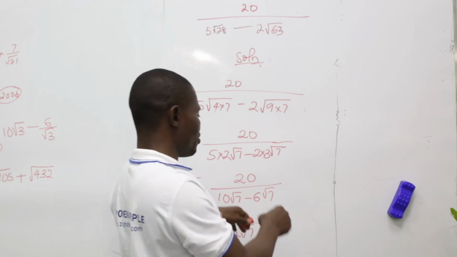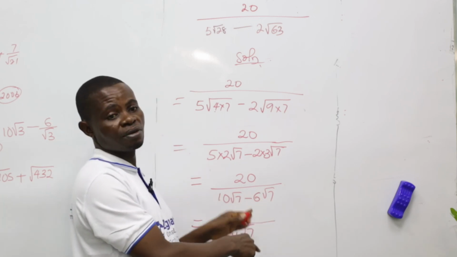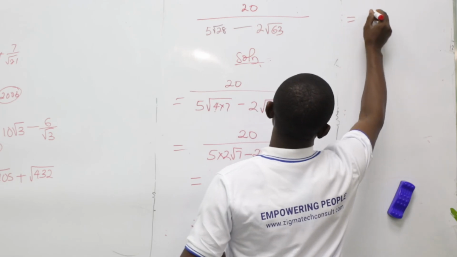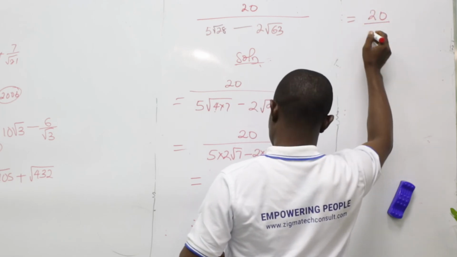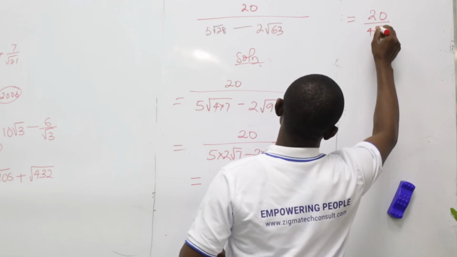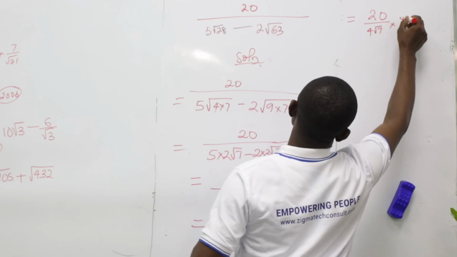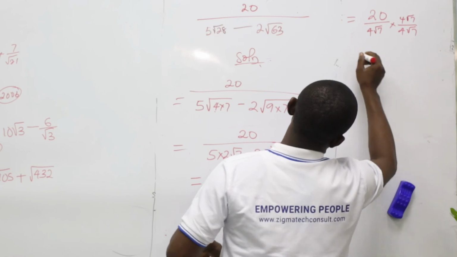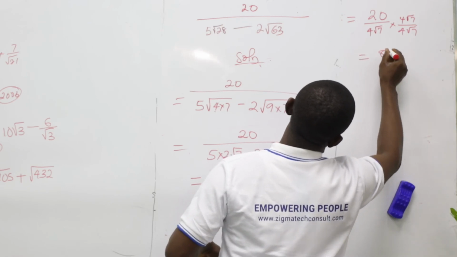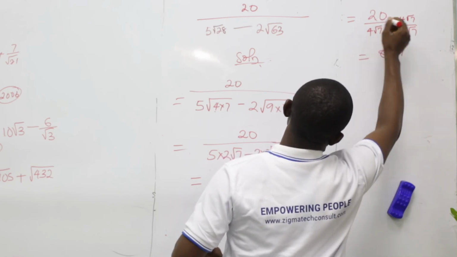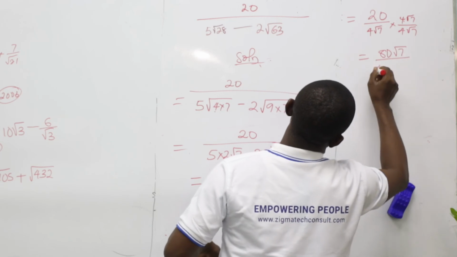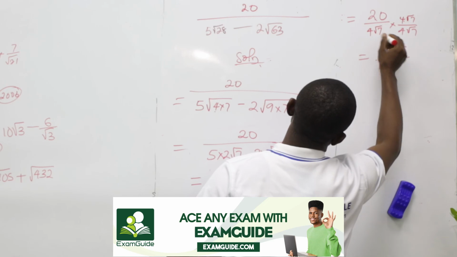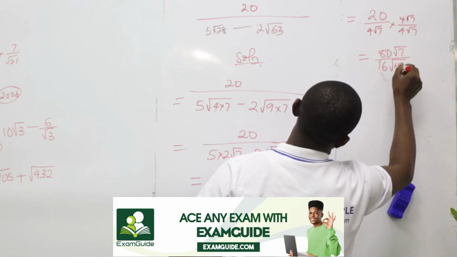Like I said, whenever you see an element of root at the denominator, you must do what? Rationalize. So what do you have now? You have 20 all over 4 root 7 times 4 root 7 all over 4 root 7 to give us 80 root 7. That is this times this all over 4 times 4 is 16. Root 7 times root 7 is 49.